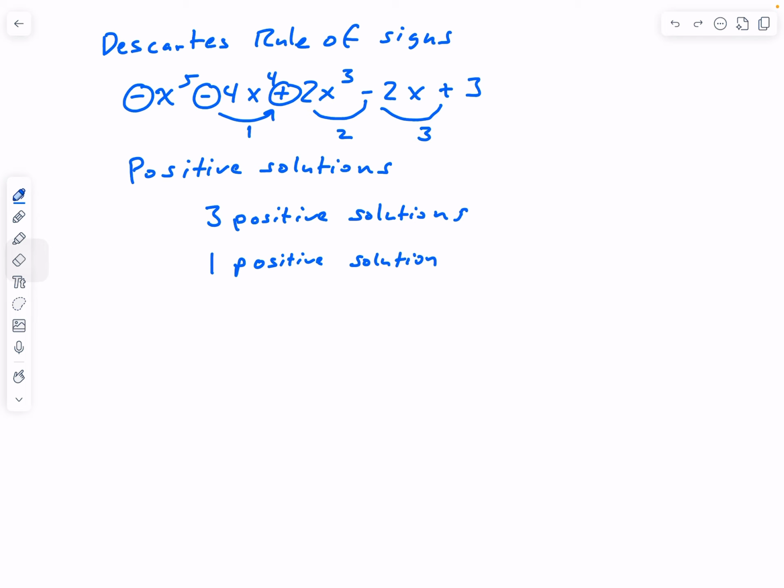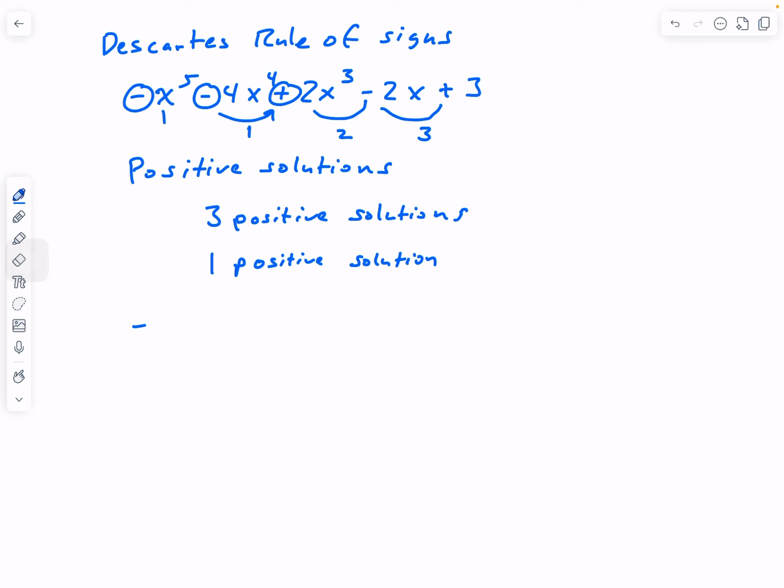So now to figure out how many negative solutions we have, we actually take our problem and plug in a negative to each of these x's. So let's walk through it.